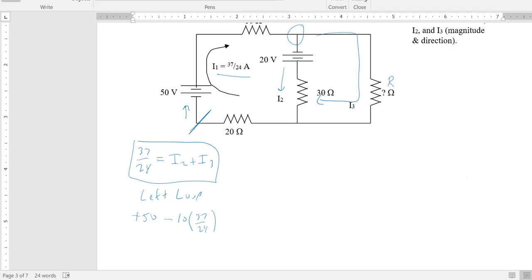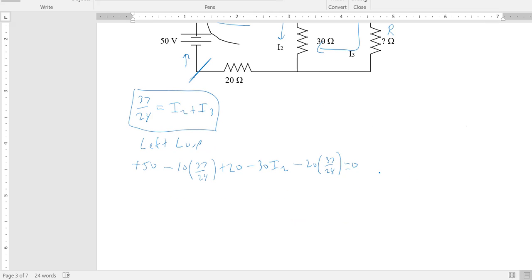We're going from the minus to the plus, so that's a positive 20. And then we go with I2, so we are losing voltage again. We're going downhill, so minus 30 I2. Then we go through the 20 ohm resistor, and we're going with I1, so it's a minus again, so minus 20 times I1, which is 37 over 24. And this all has to equal 0.